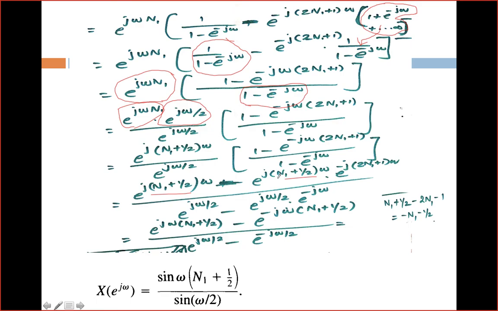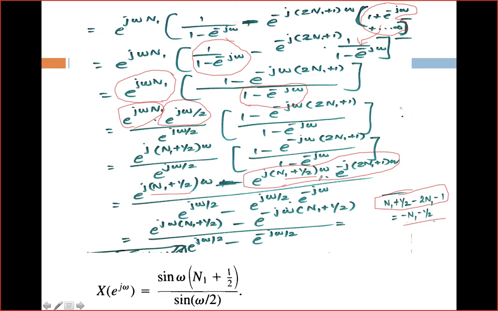So I have two exponentials, and I have to combine them. The common term is omega, and the variable one is n1 plus 1 by 2 and 2n1 plus 1. Combining them, n1 plus 1 by 2 minus 2n1 minus 1, and adding all these factors, I will get minus (n1 plus 1 by 2).